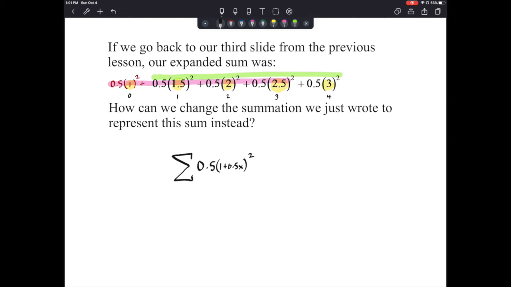For our green one, we're starting with this first term. So we're going to say let x equal 1, and we're going to the fourth term instead. And that's how we would represent that green series that's up here. Okay, so we use that same function rule, we just changed these values because they matched up.